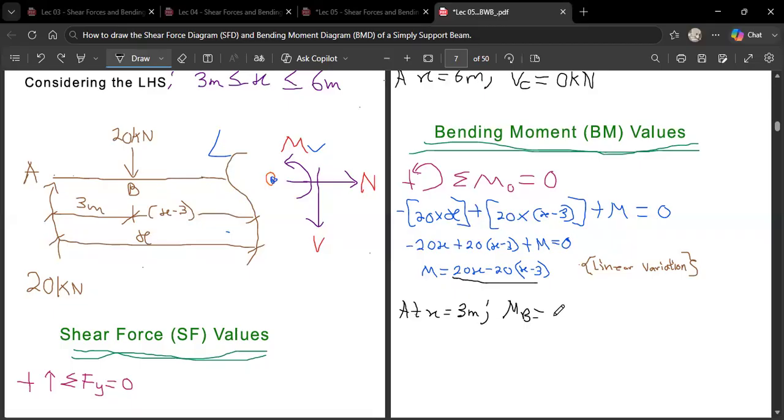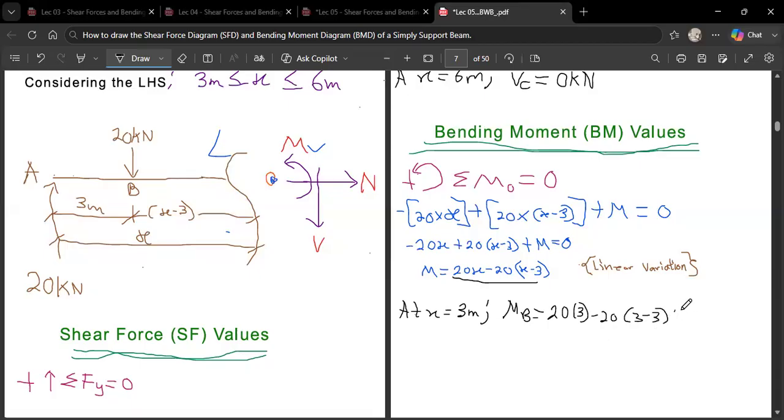So we're going to say 20 into brackets 3, minus 20 into brackets 3 minus 3. And this 3 minus 3, what is it going to give you? 0.